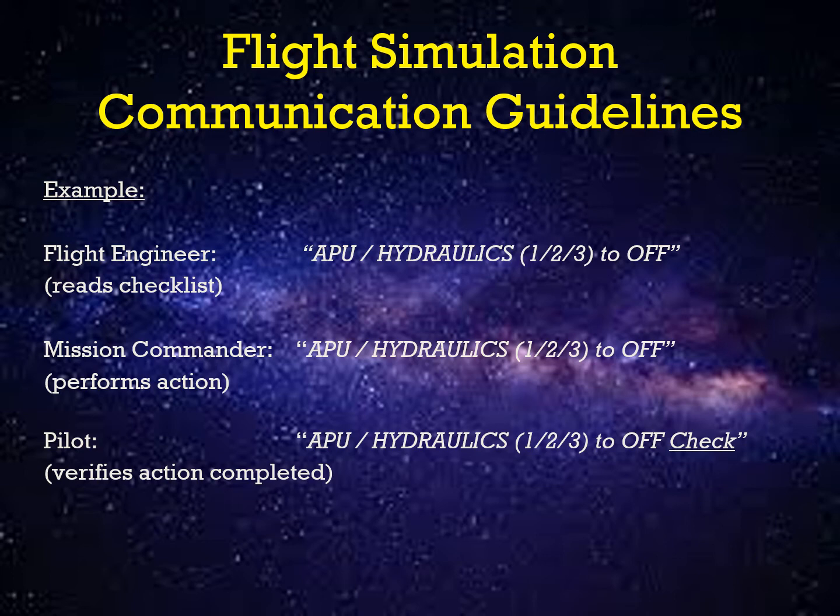Well, if the mission commander went APU hydraulics 1, 2, 3 to off and set all three off at the same time, and the emergency went away, you wouldn't know which of the three systems was the problem. But by going APU hydraulics 1 to off, APU hydraulics 2 to off, APU hydraulics 3 to off, then you'll see which one of those corrects the error.